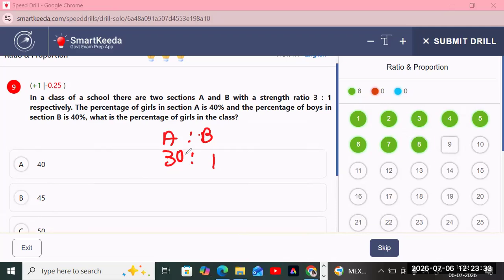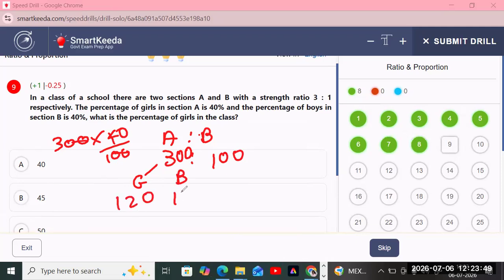तो अगर इसको 300 में कंसिडर करो, इसको गर्ल्स है 40%, मतलब 300 का 40% इज 120. तो यहाँ पे बॉयज 180 हो जाएंगे. अभी गर्ल्स एंड बॉयज, the percentage of boys in section B is 40%. तो इसका 40 मतलब 40 और ये है 60.